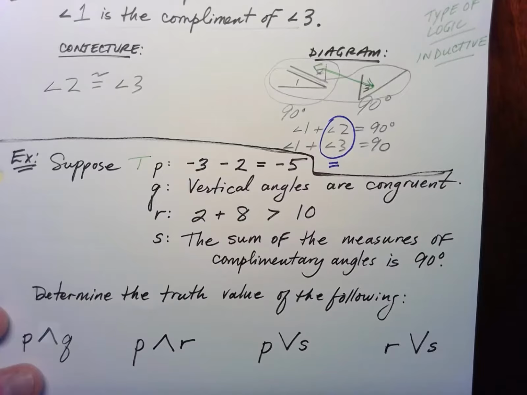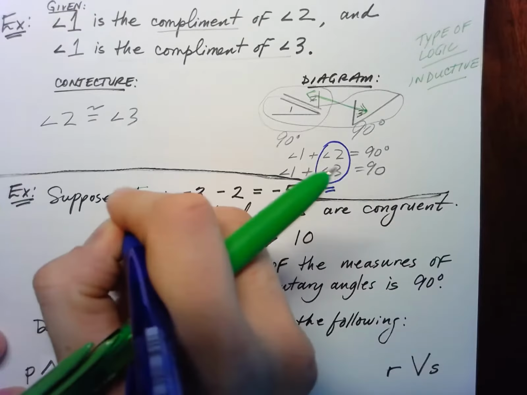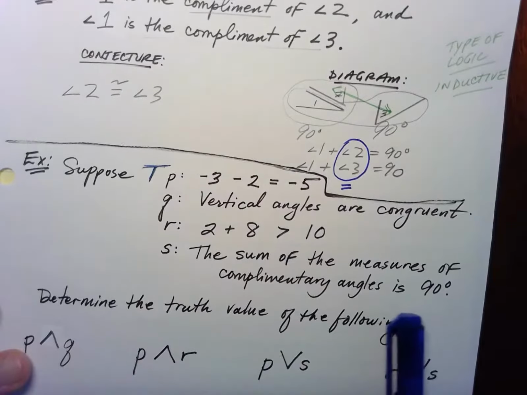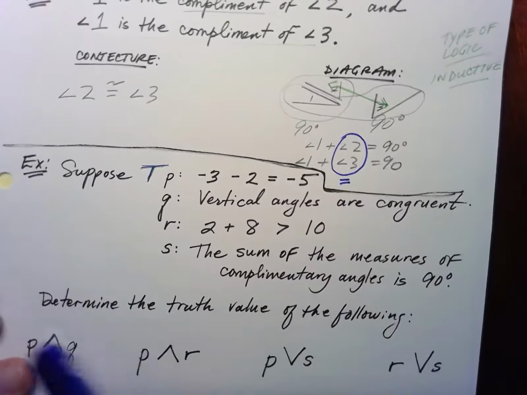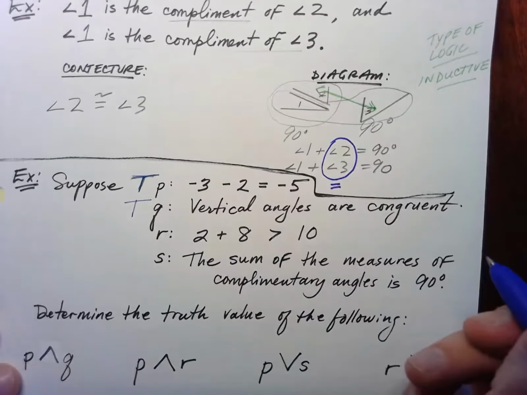We also know, and I'm going to mark this in blue to make it clear, that's true. And vertical angles are congruent. We also know that is true. Those are both true.